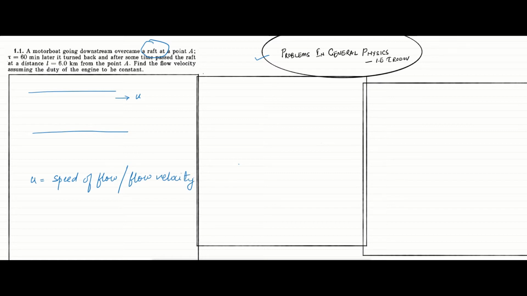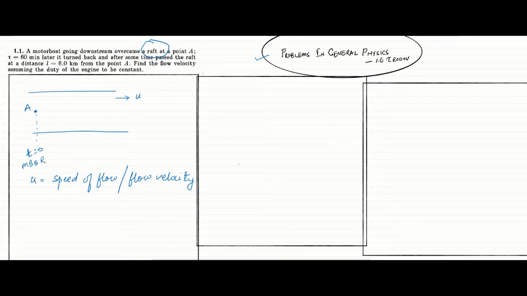We have assumed that the stream is flowing at the speed of u towards the right. And we have the motorboat that, let's say, is initially at point A where it overtook the raft. So this is the position at t equal to 0. The motorboat and raft are both at this particular point.